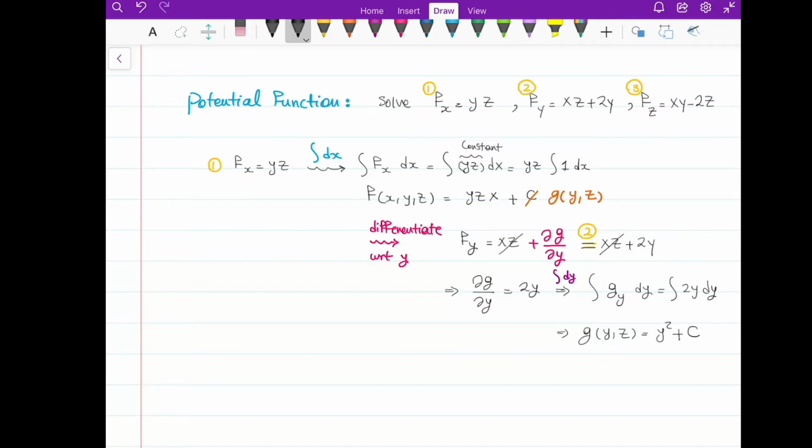But the constant c here is actually not just a number. It's a function of z, just because g was a function of two variables and we took the integral with respect to just one variable. So I have h of z as the constant in here. Okay, I'm going to move everything.